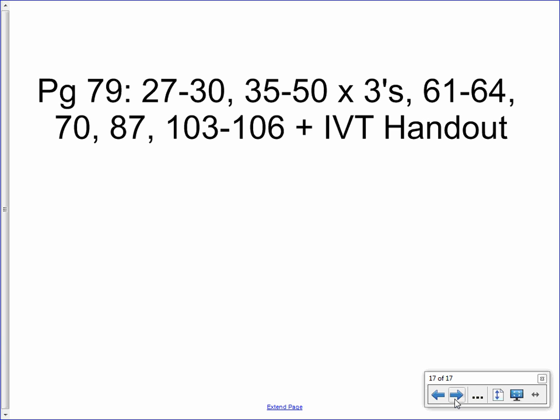What I want you to do is you have some homework problems, but I also want you to think about part of what we're going to talk about tomorrow. A part of continuity is the intermediate value theorem.